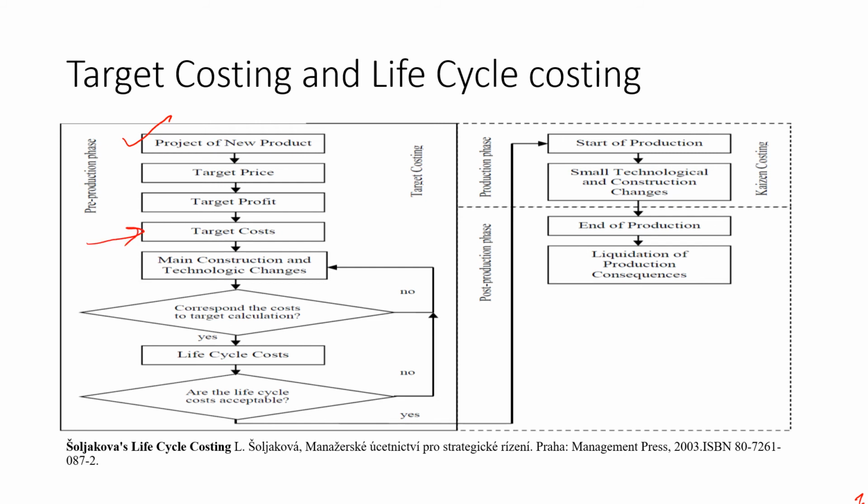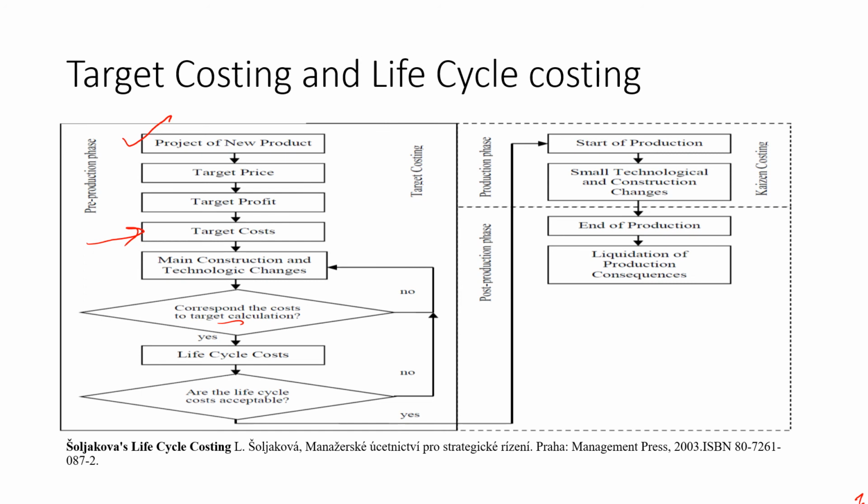Once we have our target cost, we look at the value engineering aspect. We look at what is the cost existing as of now, and then we compare our costing with the target cost, which is the maximum allowable cost. We cannot go beyond that cost.